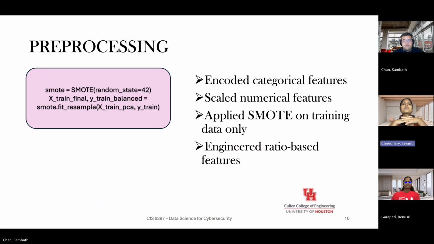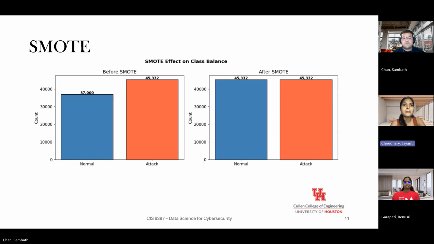Third, improving recall was very important because detecting attacks is our priority. We also found that feature engineering helped improve performance. And interestingly, removing PCA actually gave better results. All right, let's go to the next slide.